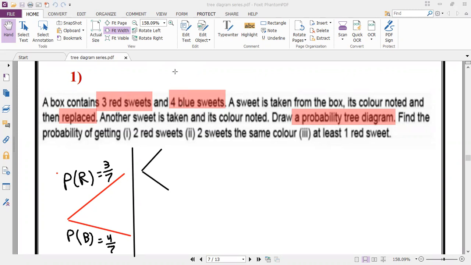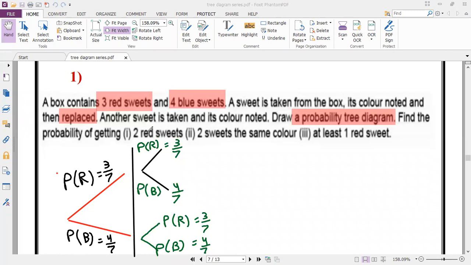The probability of getting red, P(R), equals what? 3/7. And probability of getting blue equals what? 4/7. Okay. And if you got blue, then you have 2 choices for the second time. We might get red or blue again. So P(R) in this case will be what? 3/7. And P(B) equals what? 4/7. That's it.